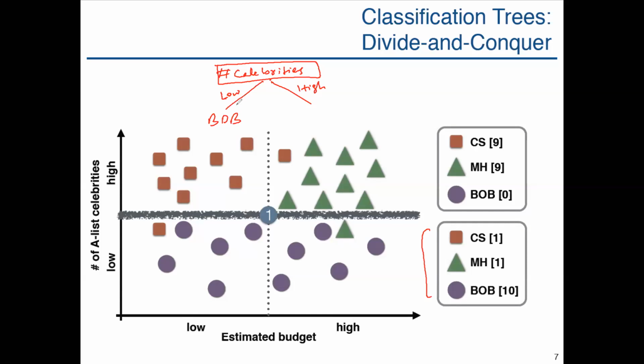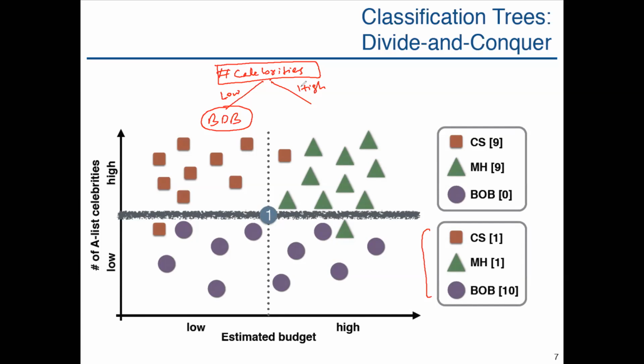Okay, so this was a decision. Here this will be a leaf node, where we predicted that this is going to be a box office bust based on what? Based on the actual number of different categories we had in that region, right?